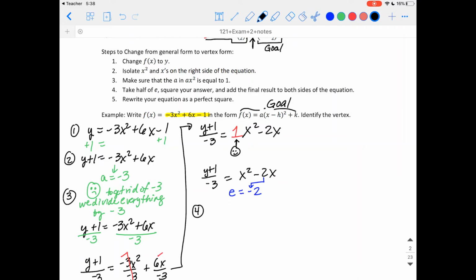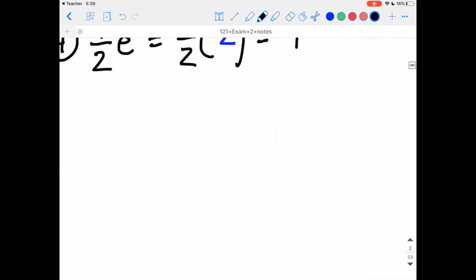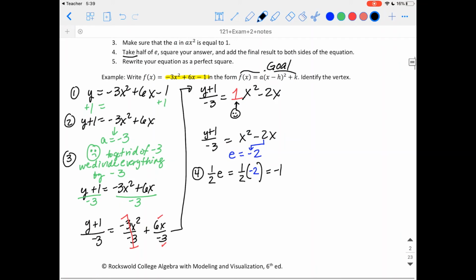For step 4, it says take half of e. Okay, so I need to take half of e, which in this problem is going to be half of my negative 2. Well, half of negative 2 is negative 1. Okay, then I need to square. Sorry.